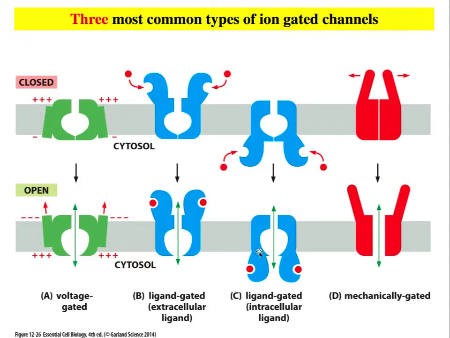Now the reason we have 2 panels here, B and C, is because some of them bind material extracellularly, and others bind material intracellularly. So we have the two alternatives, but they're both the same. And then the third one that we see here, labeled D, are the mechanically gated ion channels. And in the mechanically gated ion channels, the force of nature is a distortion mechanically of the membrane itself.